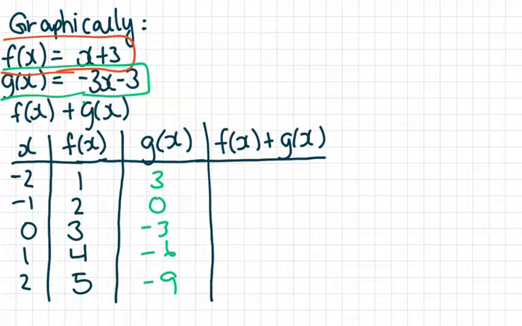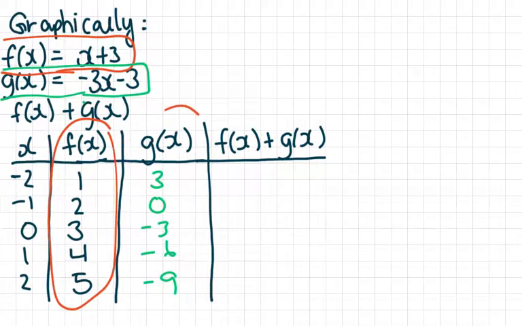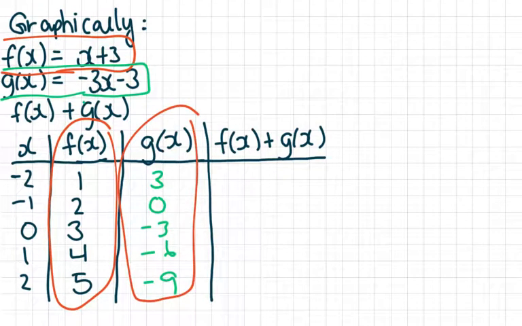Now, for f of x plus g of x, if you go back to the definition that we wrote at the beginning, it says that the sum of two or more functions can be found by adding the y coordinates. So these two columns would be the y coordinates of the functions at each x coordinate. So we keep the x coordinate and we add the y coordinates. So we're just going to take these two columns and add them together to give us the y coordinate of f of x plus g of x.